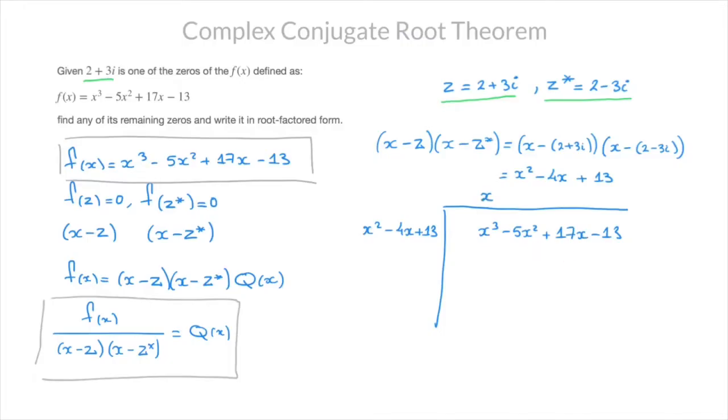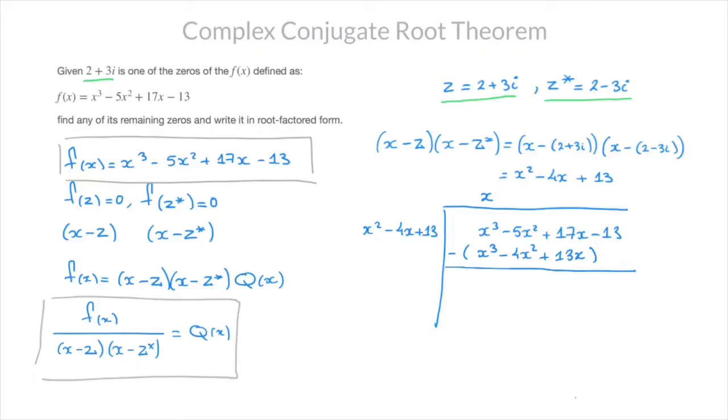We have x times x squared, which is x cubed. So I have x cubed here, minus x times 4x, which is 4x squared, which I write directly beneath the 5x squared there, plus x times 13, so that's 13x, which I write right here. And I now subtract this entire result from f of x, like so.